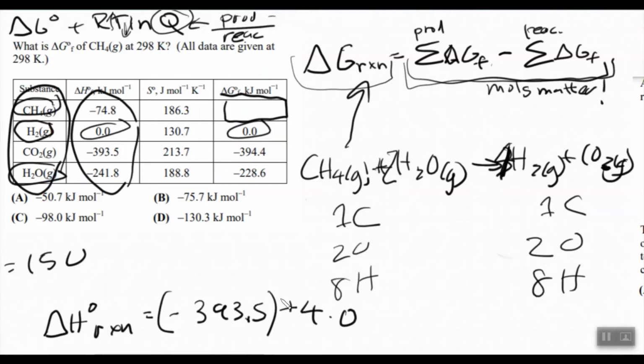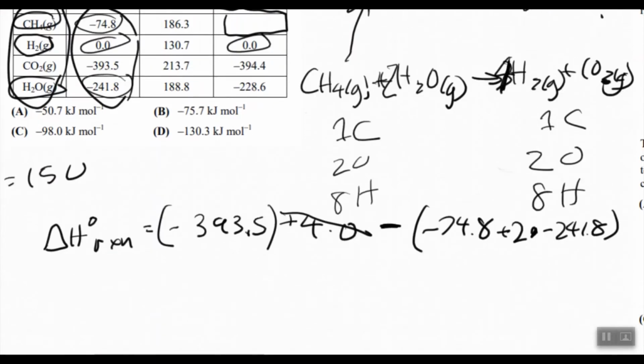So that's great. This cancels out, and we're going to subtract the heat of formations of the reactants. So we have 1 CH4. The heat of formation of CH4 at standard state is negative 74.8. And 2 H2O, so we're going to be adding 2 times the delta H of formation for H2O, which is negative 241.8.